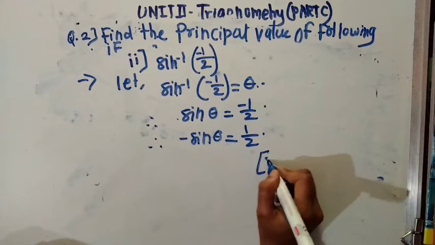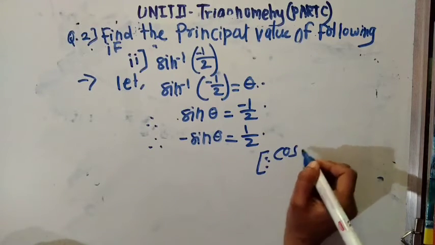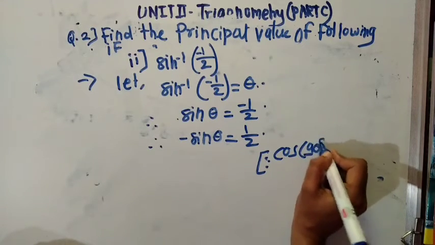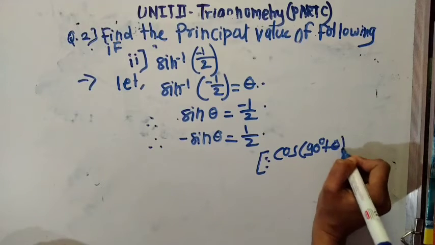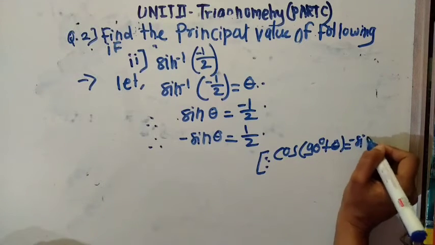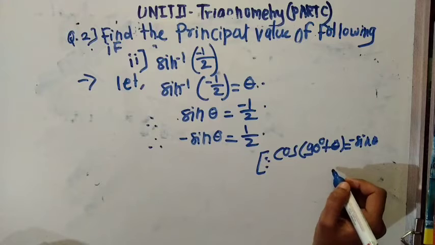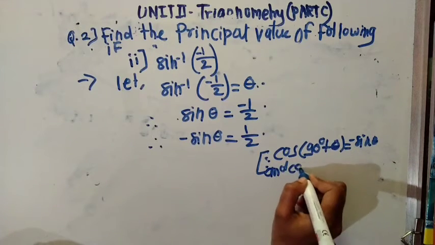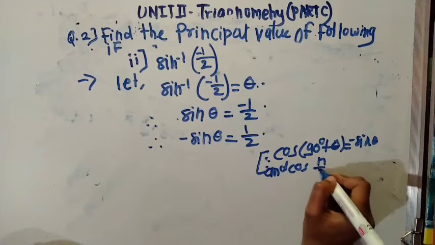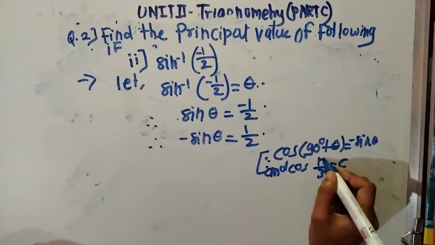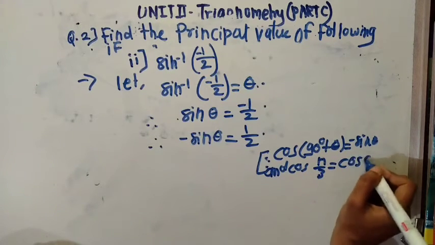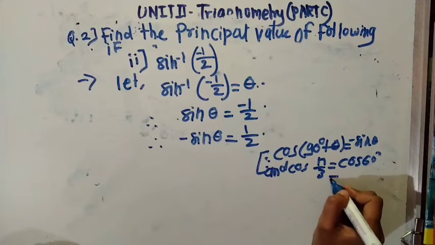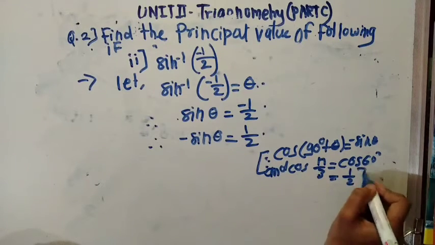But cos of 90 degree plus theta is equal to minus sin theta, and cos pi by 3, means 180 upon 3, means cos 60 degree is equal to 1 upon 2.